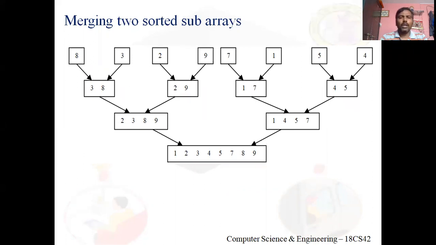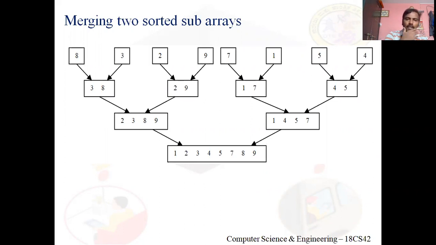Next, 2 subarrays of one element each, one array with 2, the other array with 9. When I sort, I will get 2 9. Similarly, array with 7 and array with 1. On merging, I'll get a single array 1 7. Then when I combine array with element 5 and array with element 4, I'll get 4 5.